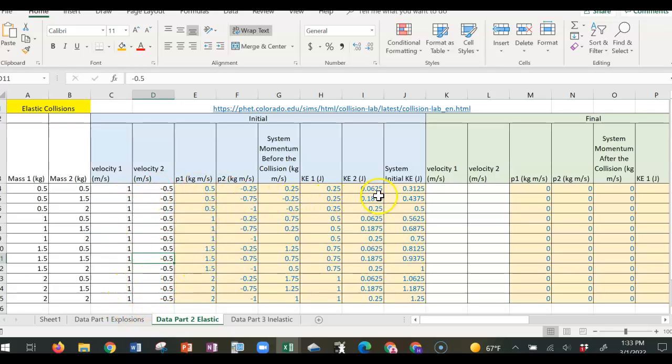And then it has calculated the momentum of each sphere as well as the kinetic energy of each sphere. Okay, so I'm going to set up the masses of both spheres to match the row in the table. So for the first row, both of them should be at half a kilogram.